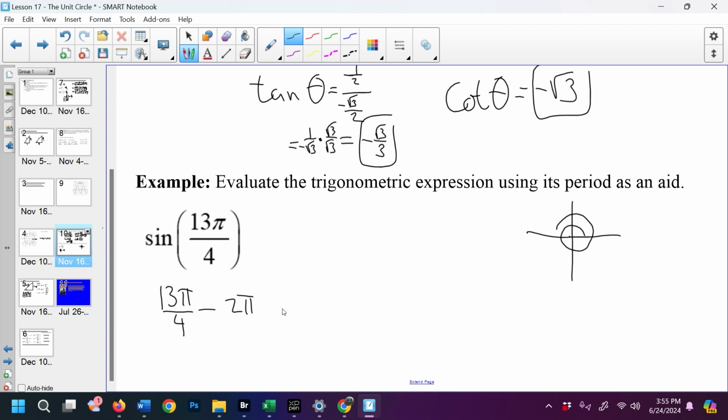Now this one's pretty easy. 13 pi over 4, subtract, I need to change 2 pi into fourths, and I'll still have the pi there. So how many fourths are in 2? If I took 2 units and I divided those all into quarters, I would have 8 quarters. 13 pi over 4 minus 8 pi over 4 is 5 pi over 4.